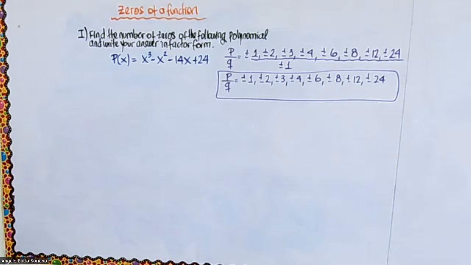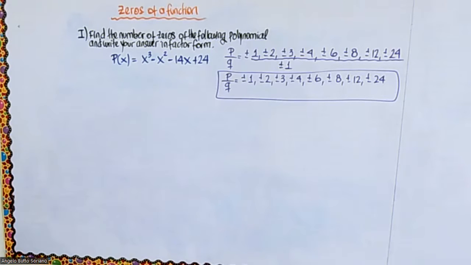If we have chosen a number that doesn't give a 0 remainder, that means this is not a zero of the function. Sometimes we are lucky to choose right on the first try. Sometimes yes, sometimes no. So basically we have to try.